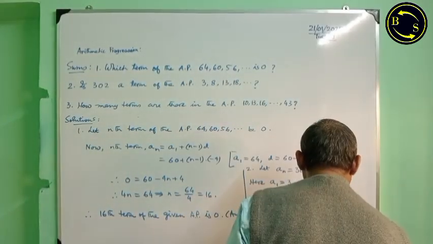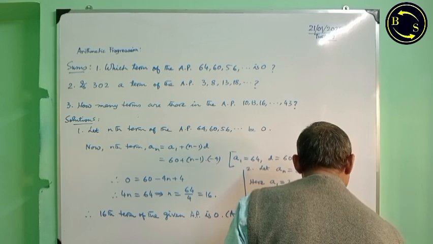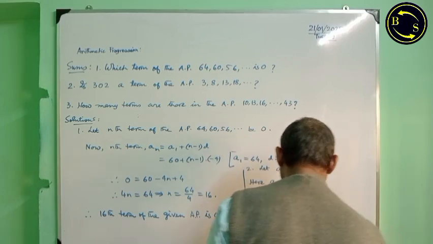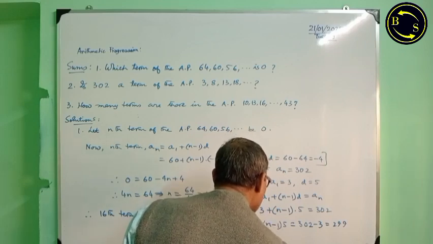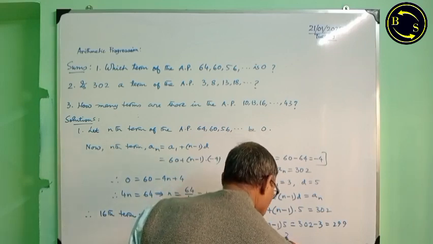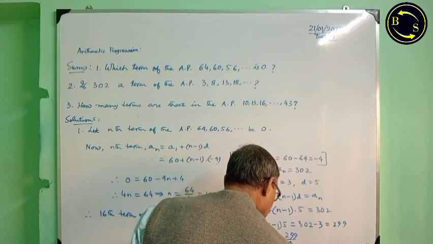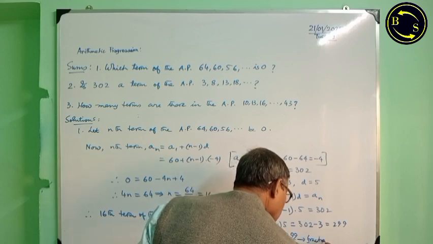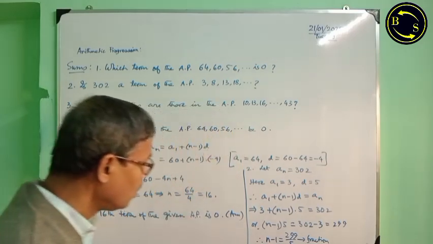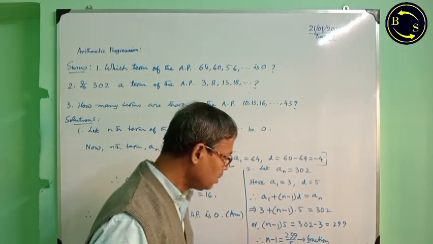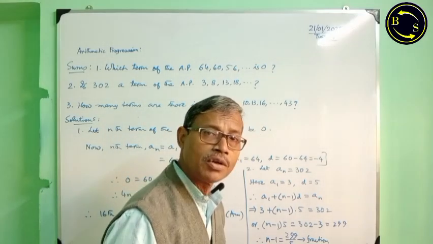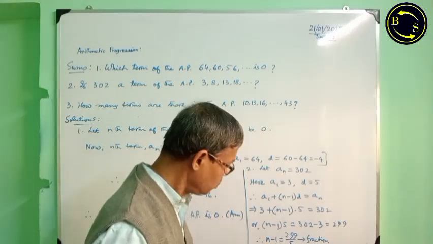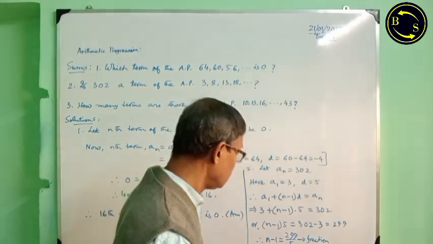We find here the difference. Therefore, n minus 1 equal to 299 by 5, which is a fraction. Now, n is a natural number or positive integer. Therefore, n minus 1 is also a positive integer.